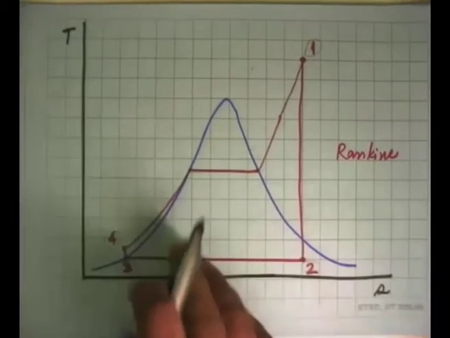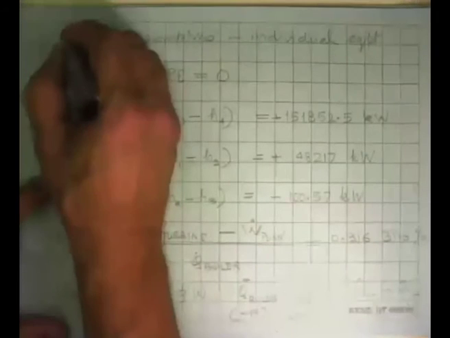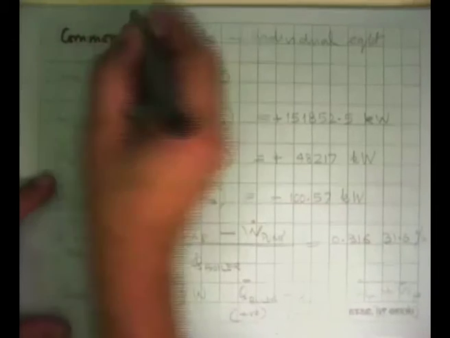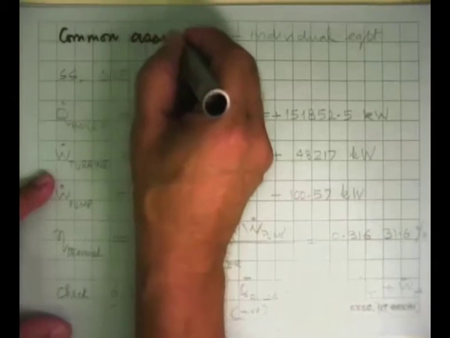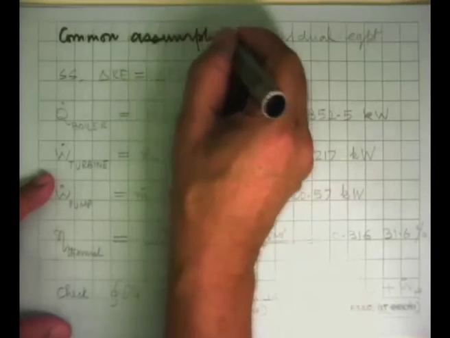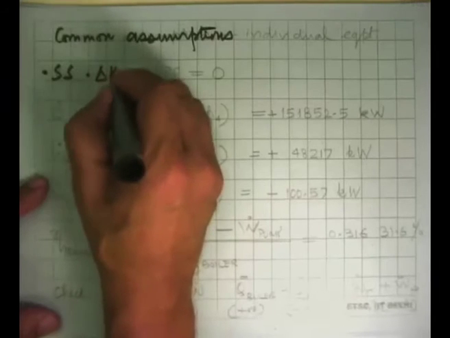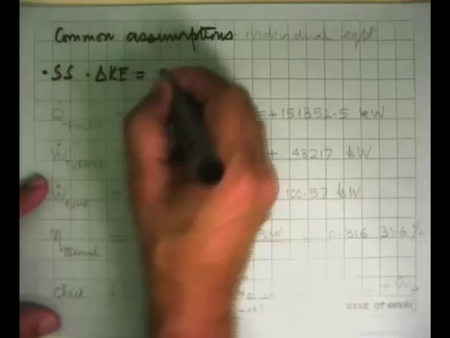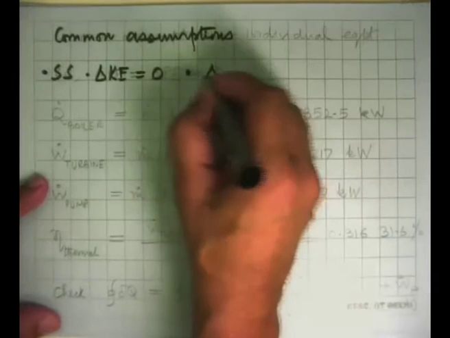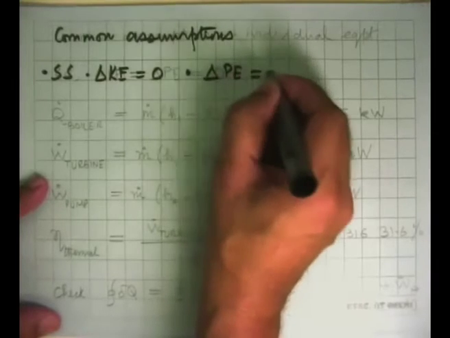And we now just go back and put all the values in there. And for each equipment, we will write the equation and solve it. But we don't need to do it every time. We can say that globally, the common assumptions for every equipment in this is that there is steady state and that changes in kinetic energy are equal to 0 and changes in potential energy are equal to 0.